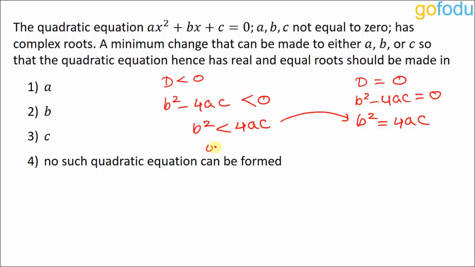So this is what we have, and this is what we want, by doing a minimum change in either a, b or c. Okay. So if you want to go from here to here, the question is pretty straightforward.